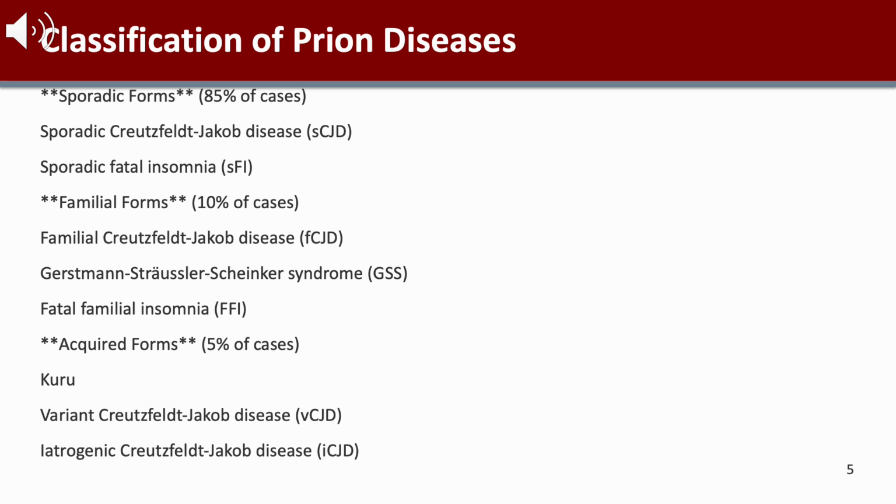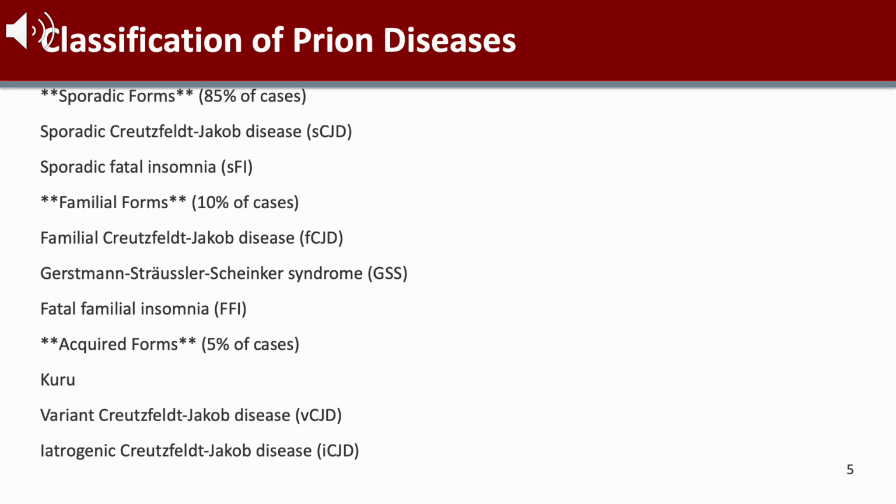Prion diseases are classified into three main categories based on their etiology. The sporadic forms, which account for approximately 85% of all cases, arise spontaneously without a clear source of infection or genetic predisposition. Familial forms, comprising about 10% of cases, are inherited in an autosomal dominant pattern due to mutations in the prion protein gene.